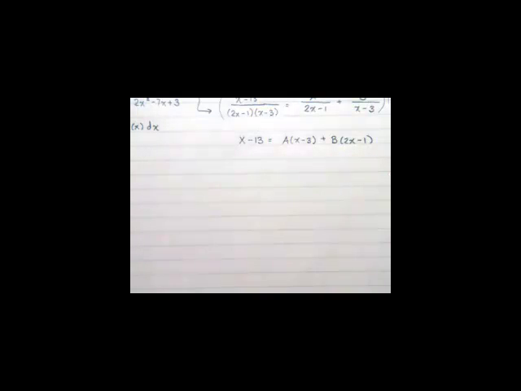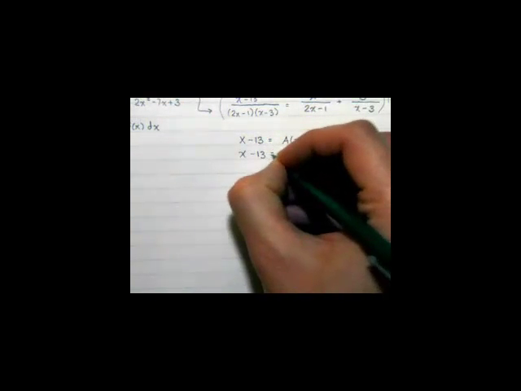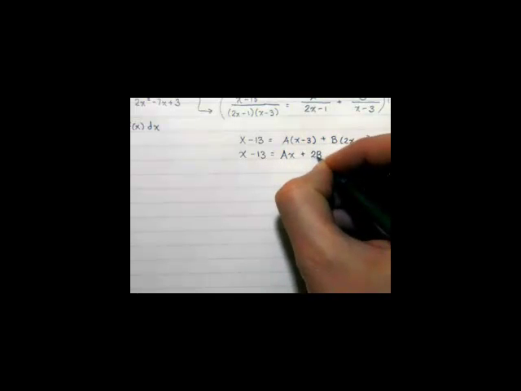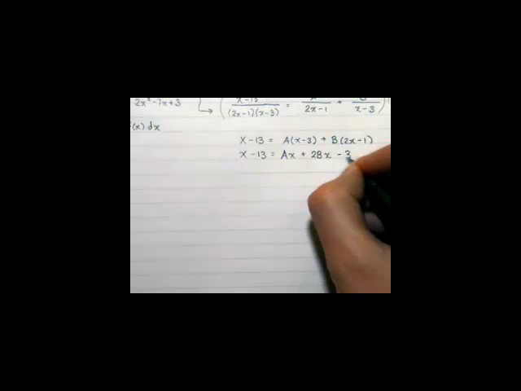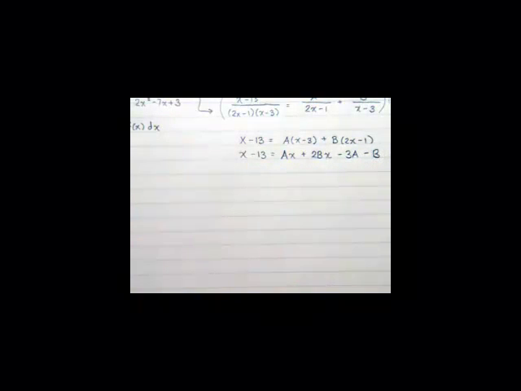Okay, distribute the a and the b. I'll do a little rearranging here after I do that as well. Okay, put my x's together and the constants together there, kind of like we did the last one. Okay, now what?